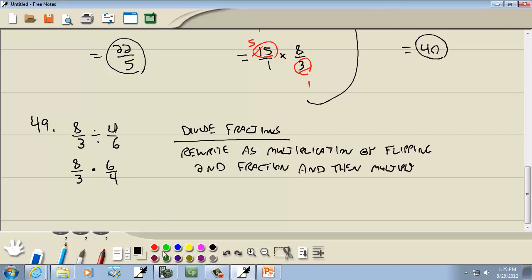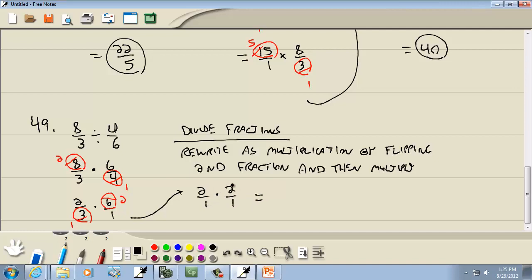Now at this point, we just do what we've been doing. Well, simplify. 8 and 4 are both divisible by 4. 4 divided by 4 is 1. 8 divided by 4 is 2. So we got 2/3 times 6/1. 3 and 6 are both divisible by 3. 6 divided by 3 is 2. 3 divided by 3 is 1. And that gives us 2/1 times 2/1.